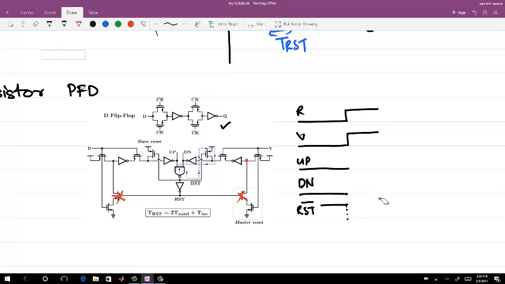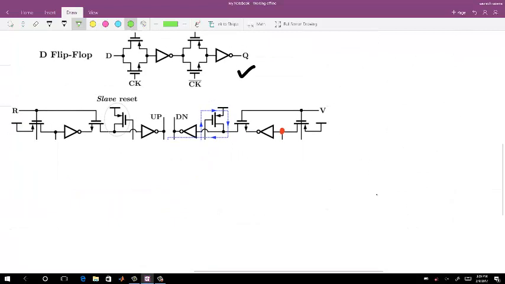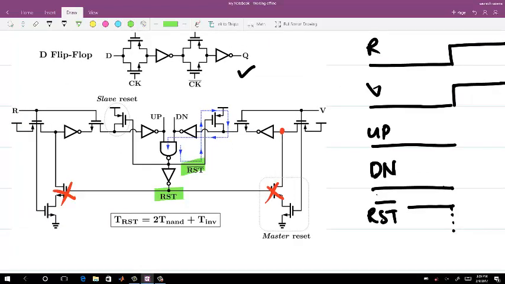This is the reset signal, and this is reset bar. So what happens is when your R is low, this is a PMOS transistor, this is actually high. This one is ground. And at that time as R goes from 0 to high, this node is pulled to 0, and up goes high.